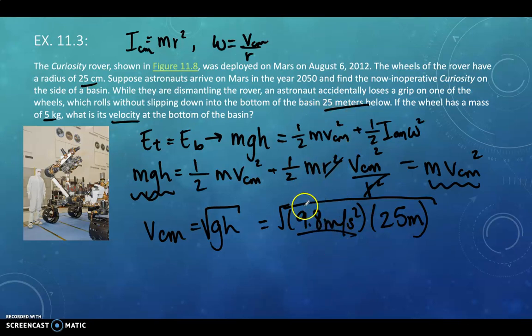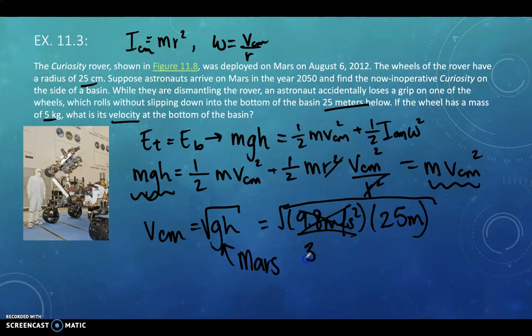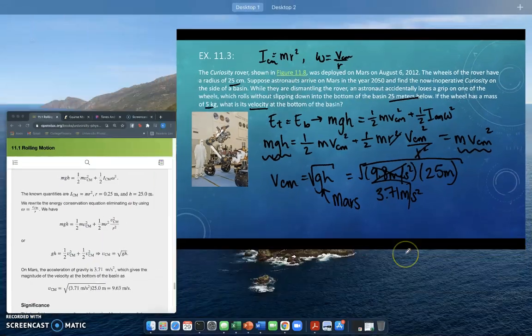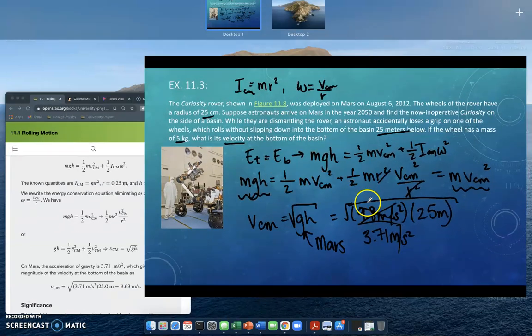I can't remember. So this should be Mars. Let's go ahead and get it from the textbook, 3.71. Forgot we were on Mars for a second. And so then plugging that into your calculator, we get 9.63 meters per second.